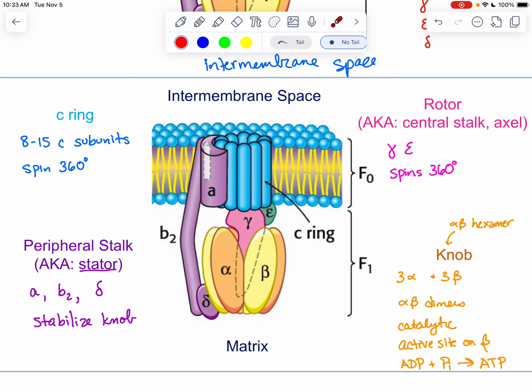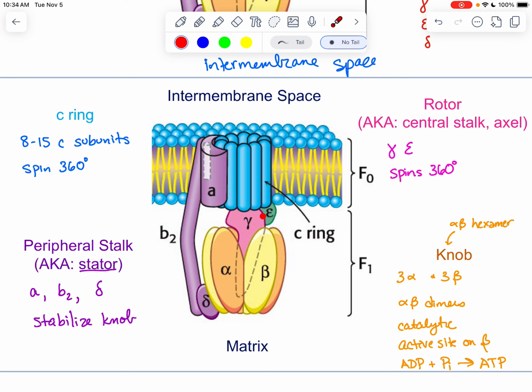This ring right here is tightly associated with the stalk, actually with both of them. As we think about it with this central stalk or this rotor, as the C ring spins, it causes this to spin. But the C ring spins faster, and the central stalk builds up tension, builds up tension, builds up tension, and then finally this will kind of jump.